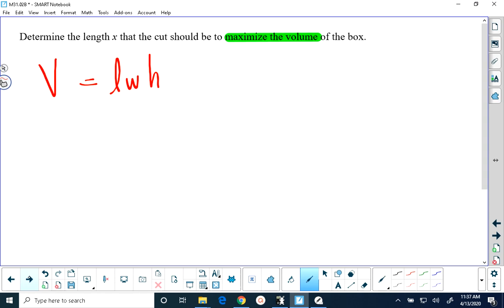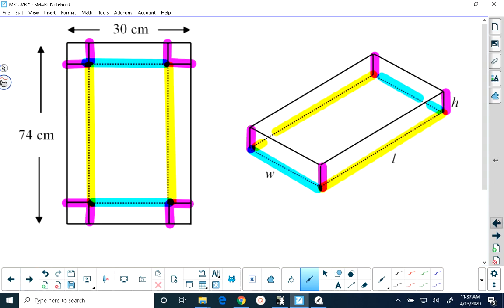Well, if we take a look at the diagram, we already know that x is the height. x is the actual size of the square, the length of the edge of the square that's cut out. So when I fold it up, each of these heights is going to be x. When I talk about the length of the box, it is the length of that yellow line.